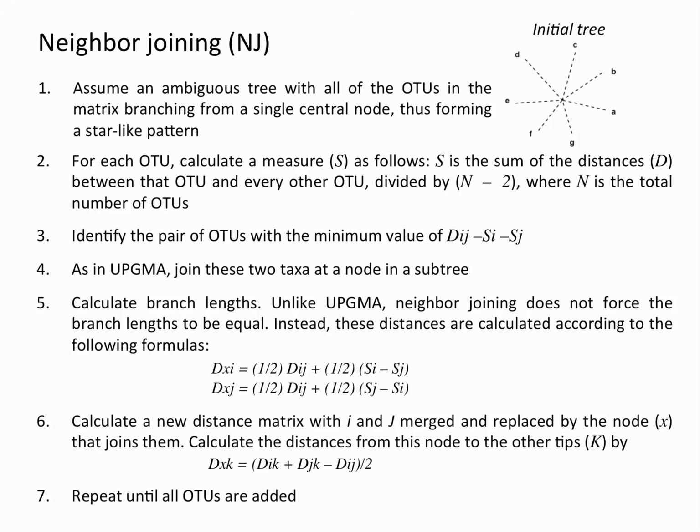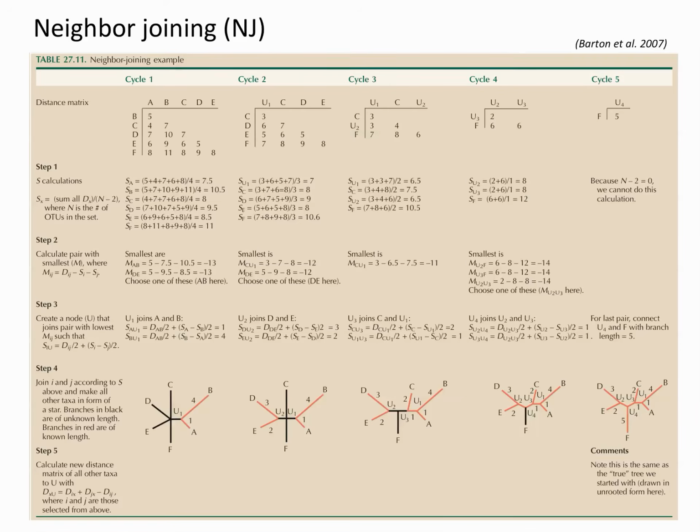In this case, we calculate a new distance matrix with the two merged taxa replaced by a node that joins them, and calculate the distance from this node to the other taxa according to this. We repeat this process until all taxa are added to the tree. Here we have a schema of how the neighbor joining method works.